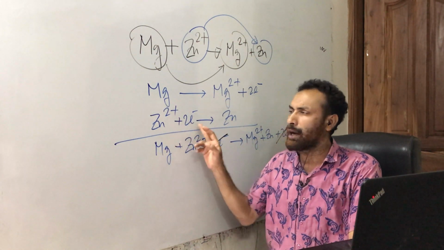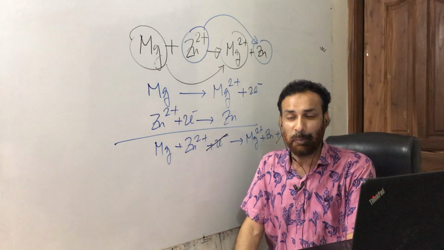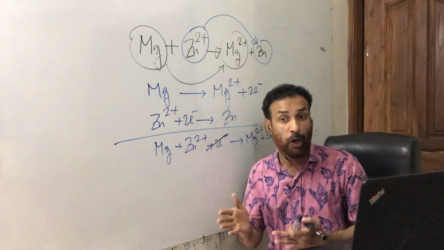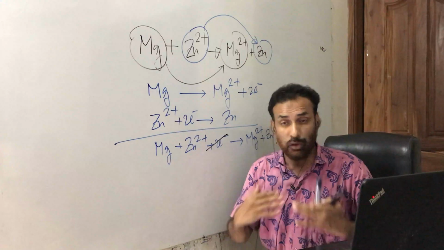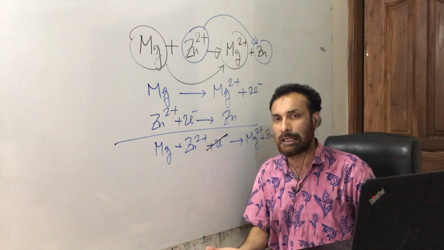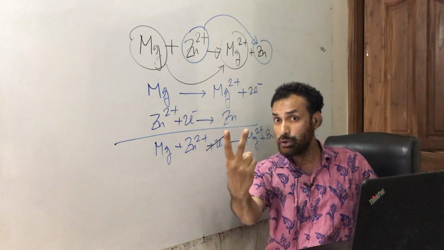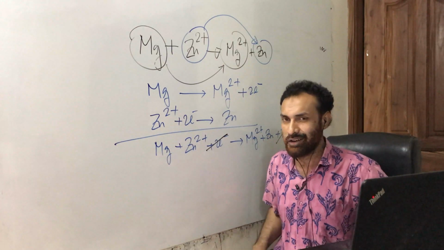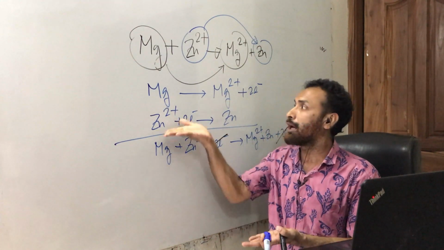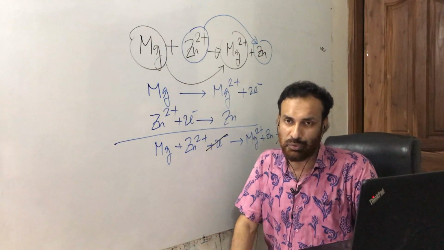And when the zinc ion is reduced by gaining electrons, it is also helping magnesium, because magnesium gets the chance to lose electrons only because zinc is gaining those electrons. If zinc ions are not there with magnesium, then magnesium alone cannot lose electrons. The zinc ion is doing two roles together. One is reduced, another is that it's an oxidizing agent because it helps the oxidation. So these are the agents we call.